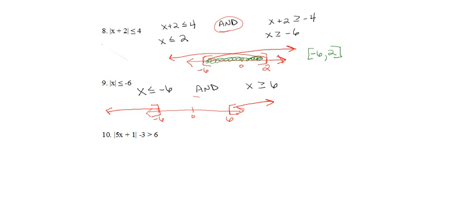As we can see, it's an and problem. There is no intersection. So we have a couple ways to write our answer. We can write a blank graph, and then when we write it in interval notation, we have the empty set, or 0 with a line through it, because there is no solution.